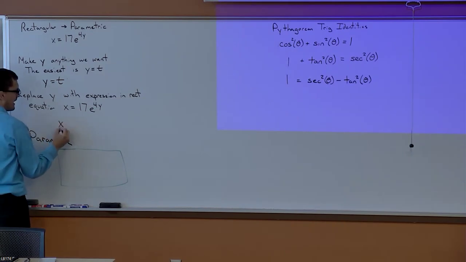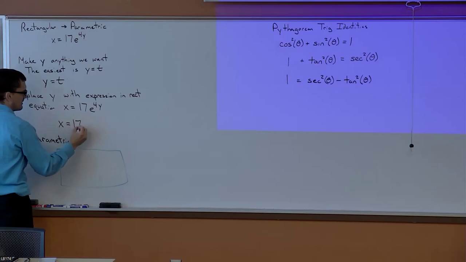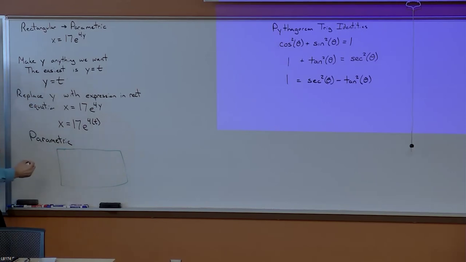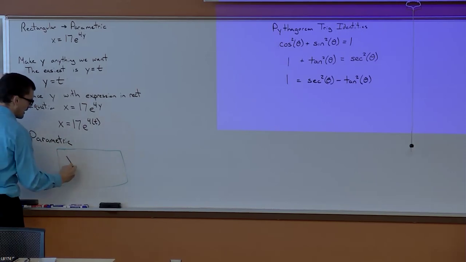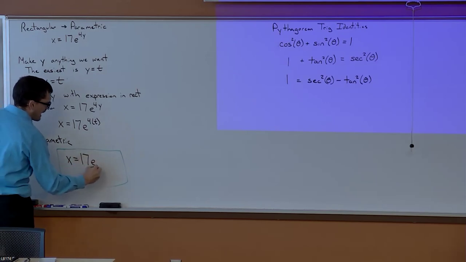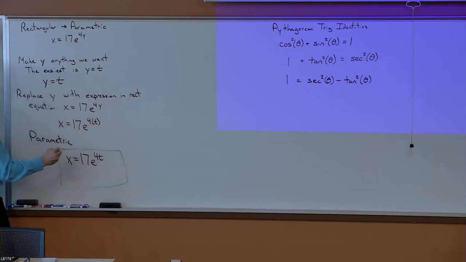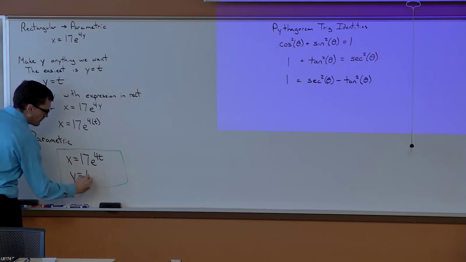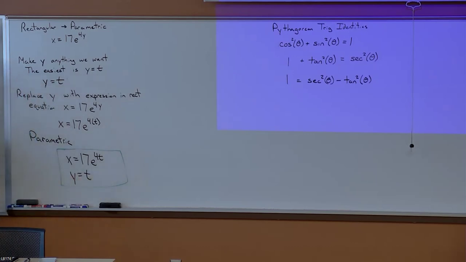So x equals 17 e to the 4 times t. So my parametric set has x equals 17 e to the 4 t, and for y, it's just y equals t.